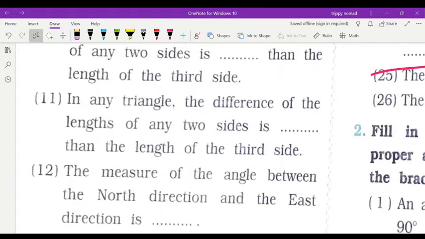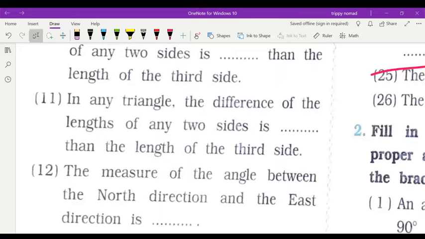Now, question number 11. In any triangle, the difference of the lengths of any two sides is dash the length of the third side. This type of question you did not find in the textbook, but obviously on the basis of your knowledge you can write that the difference will always be less than the third side, whereas the sum of two sides of the triangle will always be greater than the third side.